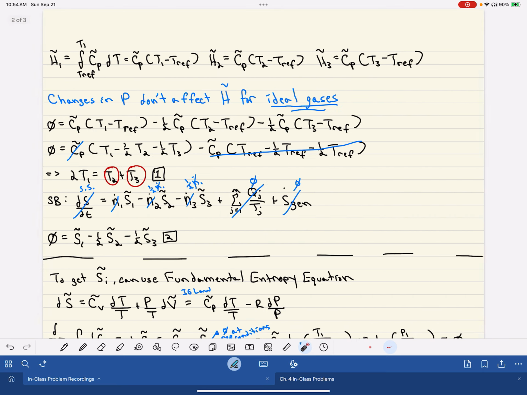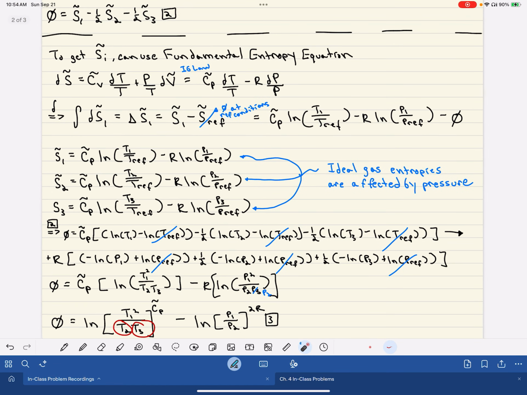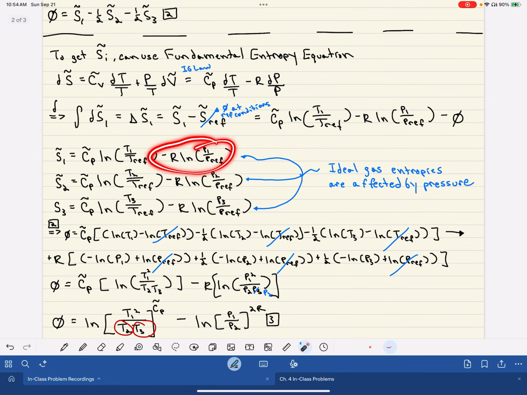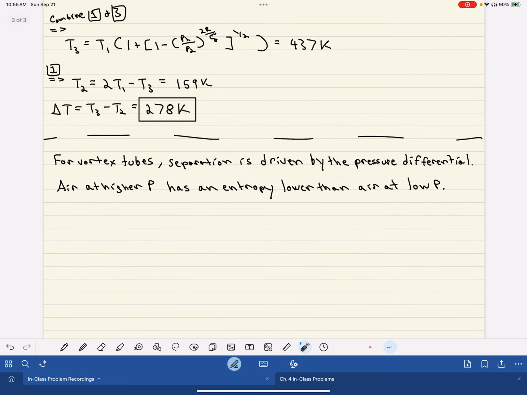Okay? And based on the entropy differences here, your pressure term is negative here, right? And so the higher the pressure is in this term, the more it subtracts off the entropy. And so P2 and P3 have lower pressures than P1, right? And so if you lower your pressure, that means this term is going to get smaller and your entropy is going to get higher. Okay.